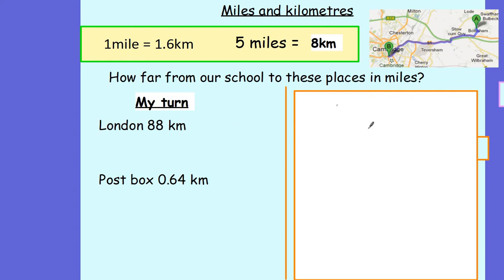I'll go through 2 examples and then there's 2 for you to do. So if the distance from school to London is 88 kilometres, to work out that in miles, I can either choose to do 88 divided by 1.6 and use my calculator. 88 divided by 1.6 gives me 55, so it's 55 miles.